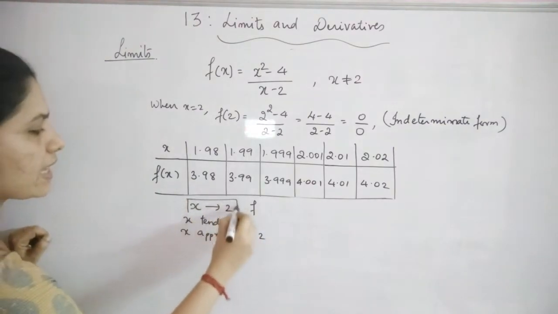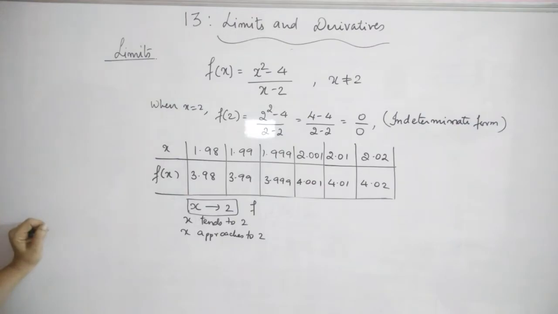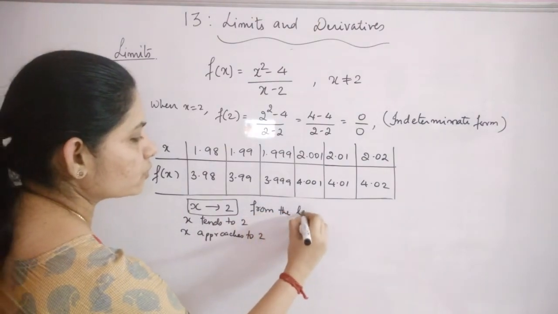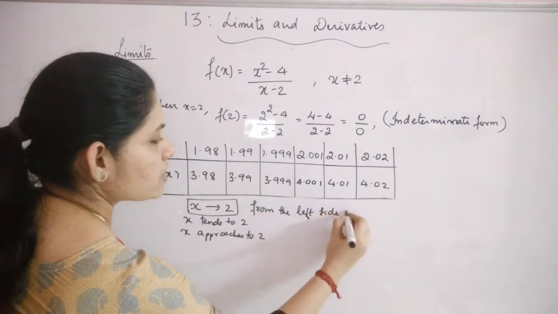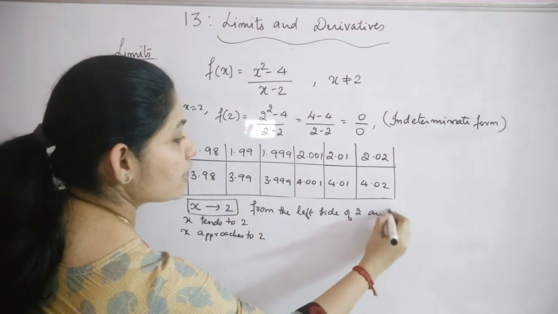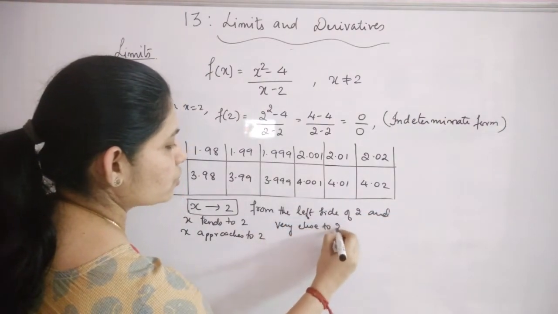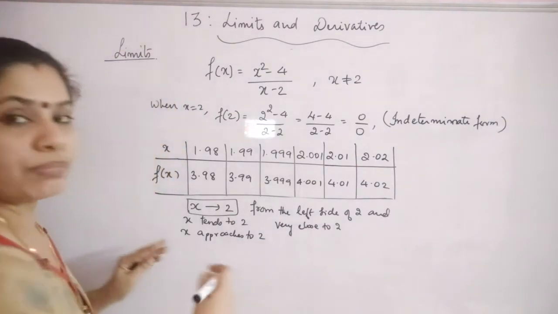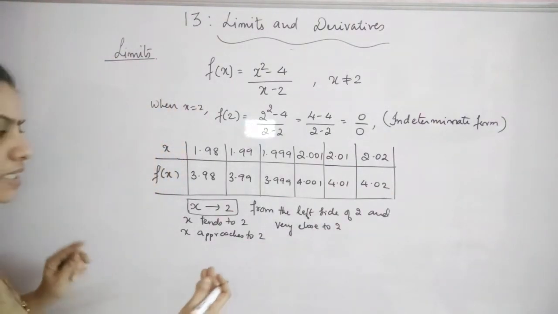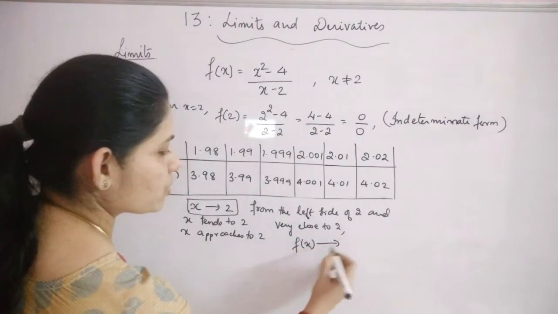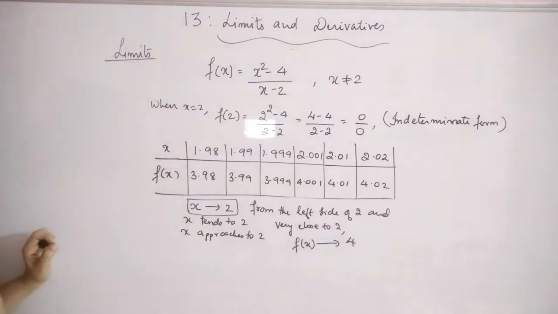This symbol is read as x tends to 2 or x approaches to 2. Now as x approaches to 2 from the left side of 2, very close to 2, the function value approaches to 4, right? What we can say, the function value, that is f of x, is approaching or tending to 4.